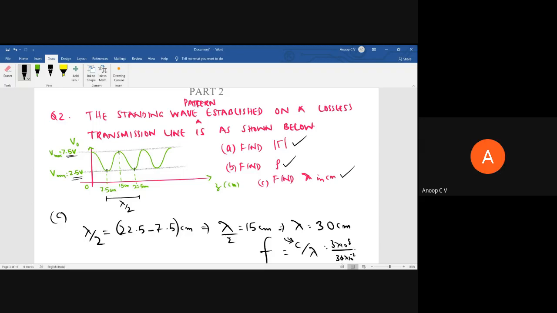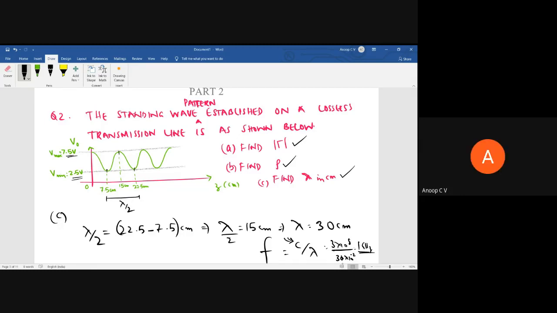So what is the answer? Are we getting the frequency of the wave which is propagating as 1 gigahertz? Yes, 1 into 10 to the power 9. So the frequency will be 1 gigahertz.